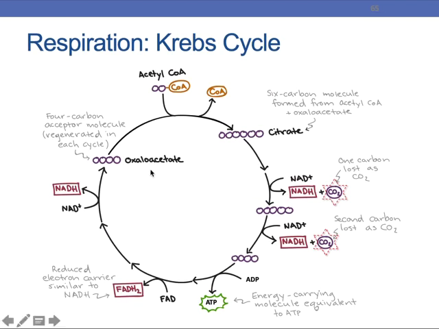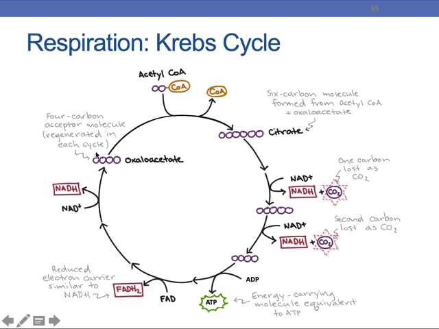And then in the Krebs cycle itself, when acetyl-CoA, which is a 2-carbon compound, enters the Krebs cycle, it combines with oxaloacetate. Oxaloacetate is a 4-carbon compound. And so a 4-carbon compound combines with a 2-carbon compound, you end up with a 6-carbon compound called citrate. Citrate then undergoes some transformations and becomes isocitrate.